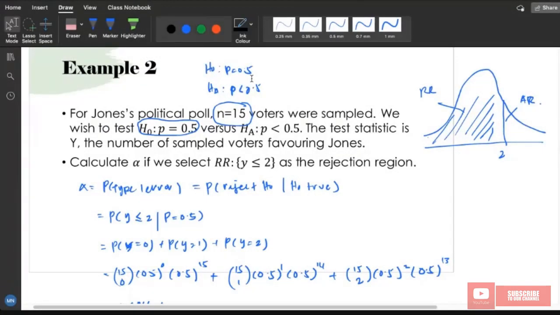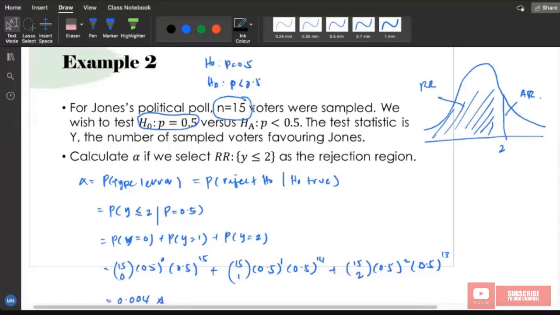In example number 2, we have n equal to 15, right? The null hypothesis is P equal to 0.5, and the alternative hypothesis is P less than 0.5. The rejection region is Y less than 2. This is the information that we have from example number 2.